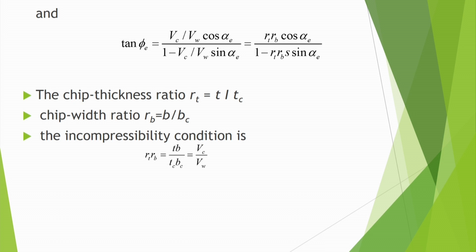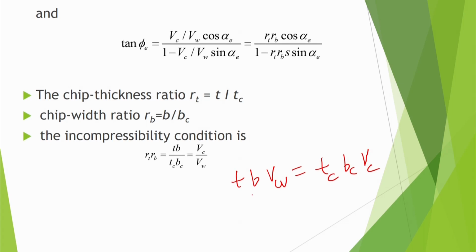So by the incompressibility condition, we will have this type of relation: t times b times Vw, the work velocity, is equal to tc times bc times Vc, the chip velocity. The volume of the metal remains the same, whether it is 2D machining or 3D machining. So t by tc is Rt, b by bc is Rb, and Vw into Rt Rb is equal to Vc.